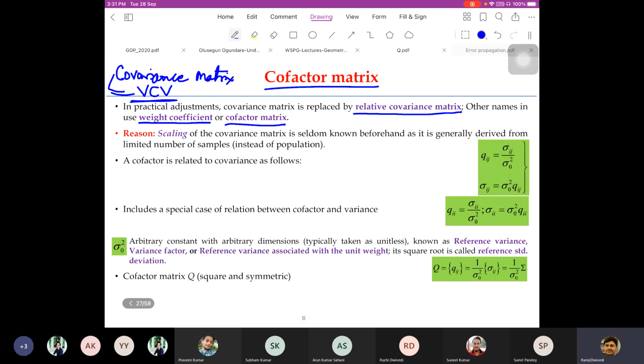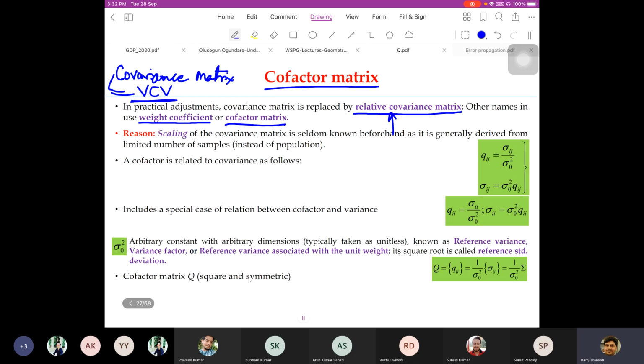You can easily recall from the first terminology, relative covariance matrix, that it is related to the covariance matrix, but it is not the actual one. Relative is always a word with respect to some reference.